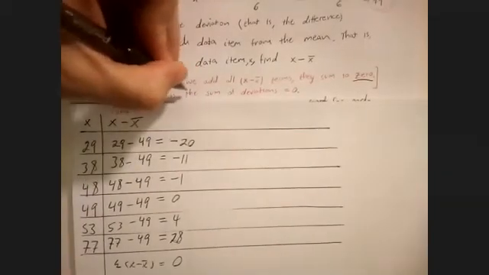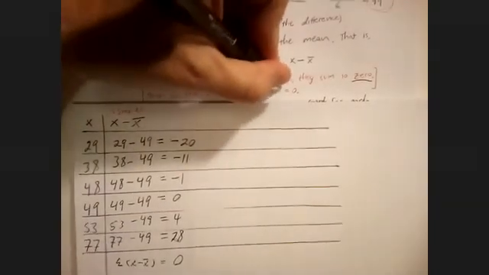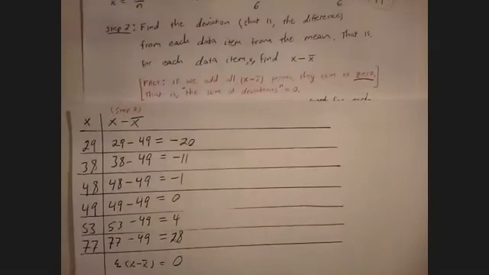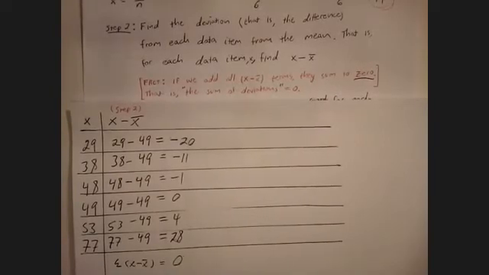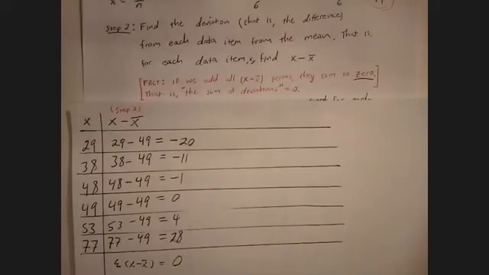I tell you this because in the homework, you have, I think, about 4 problems. It says, find the sum of deviations. Well, the sum of deviations is 0. This is always going to work out. If you did this step correctly, you will get 0 if you add them up.